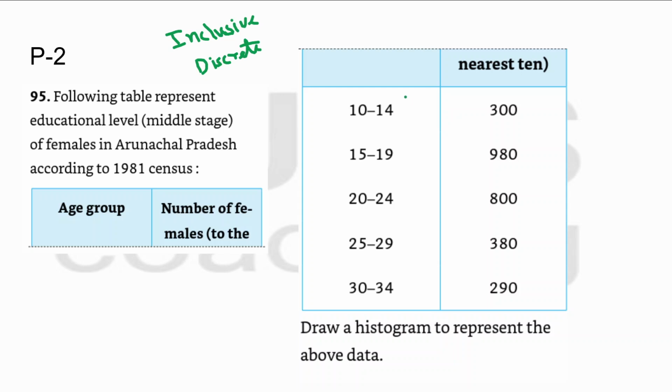So you need to make this continuous. How do you make this continuous? See what the gap is: 15 minus 14 is 1. Divide that gap by 2, that will be 0.5. Add that to one end and subtract from the other.